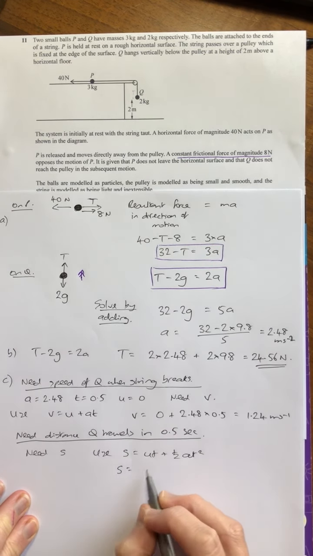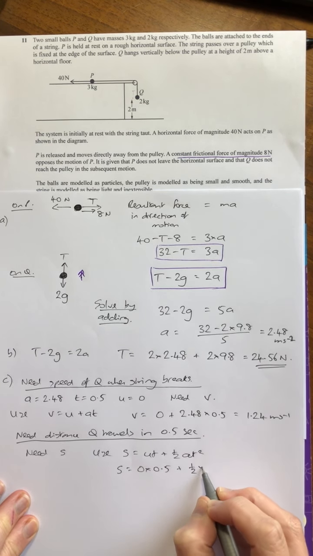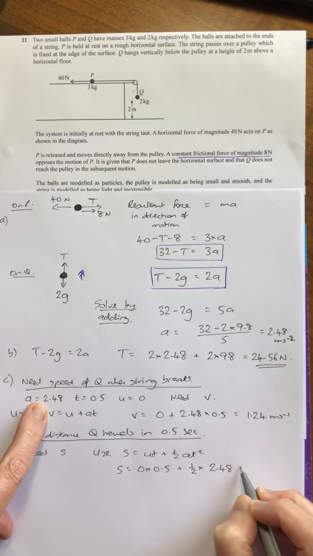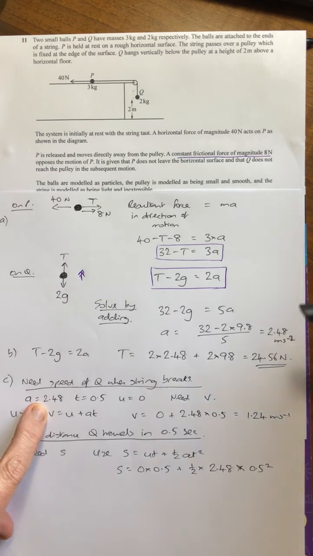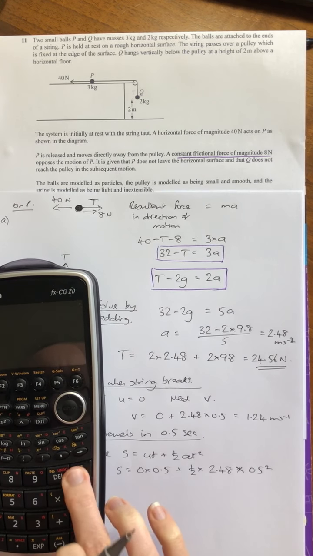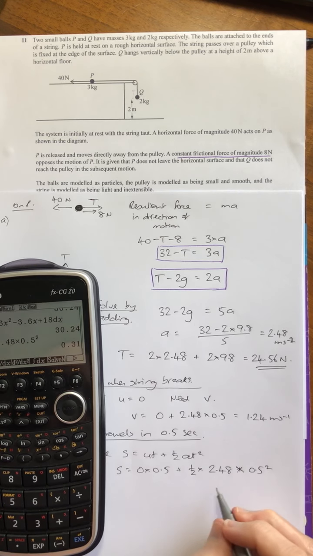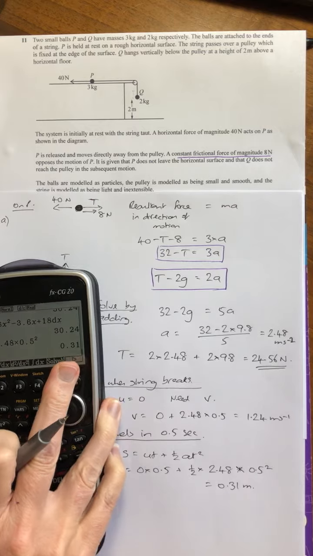S is U, which is 0 multiplied by T, 0.5, plus a half multiplied by A, 2.48 multiplied by 0.5 squared. That's 0, so if I work out 0.5 times by 2.48 times by 0.5 squared, 0.31 meters.